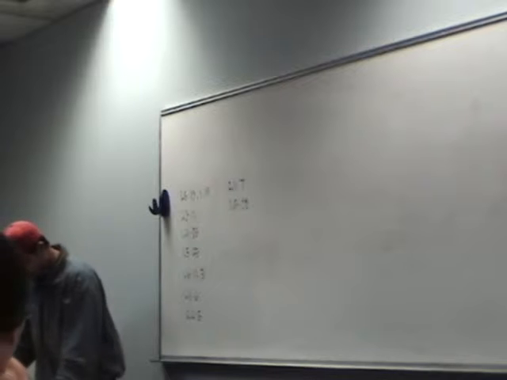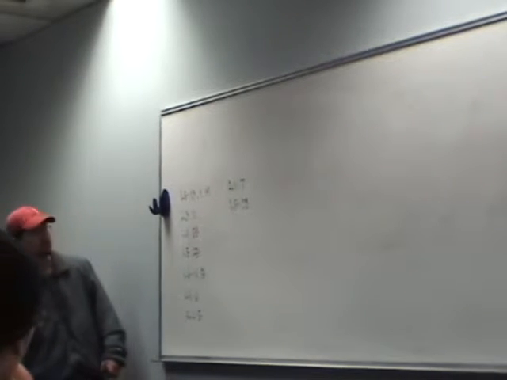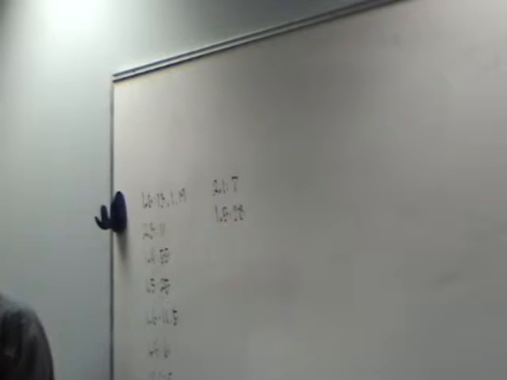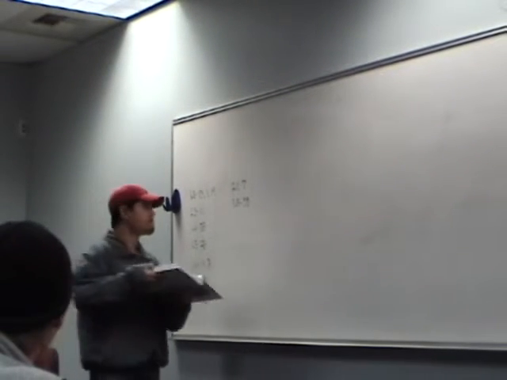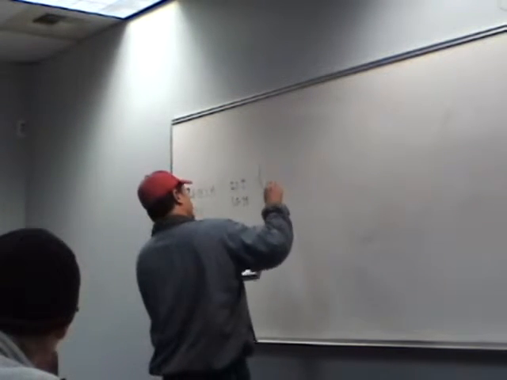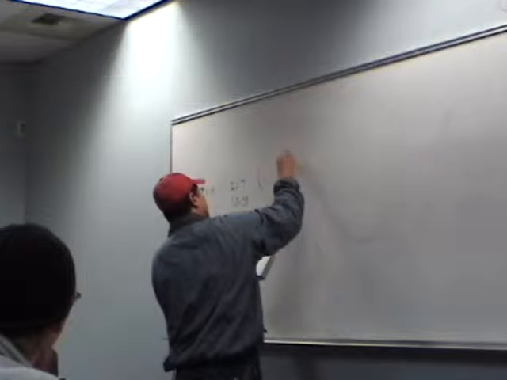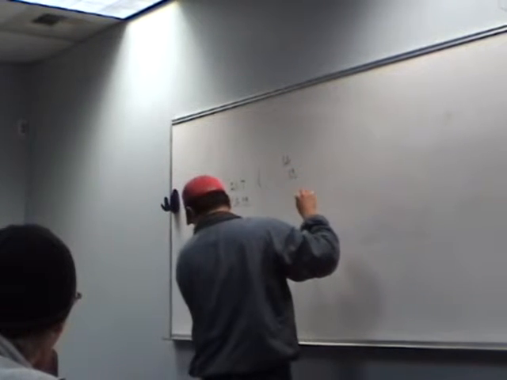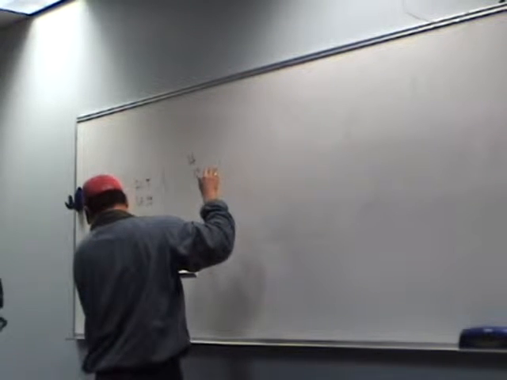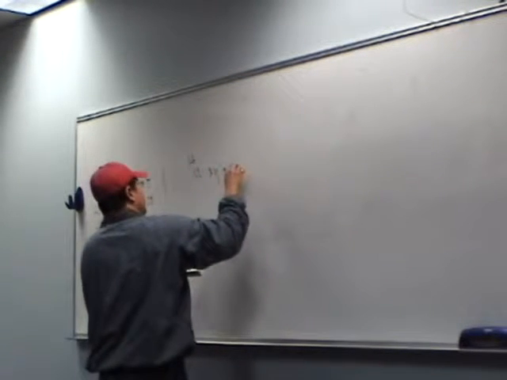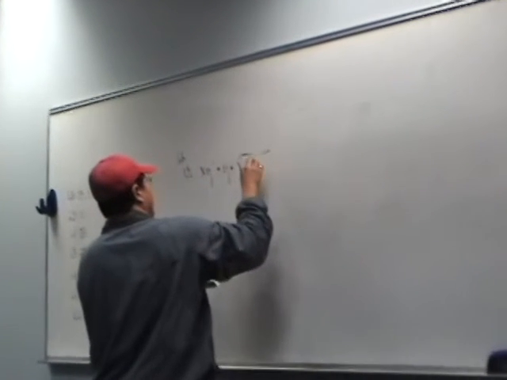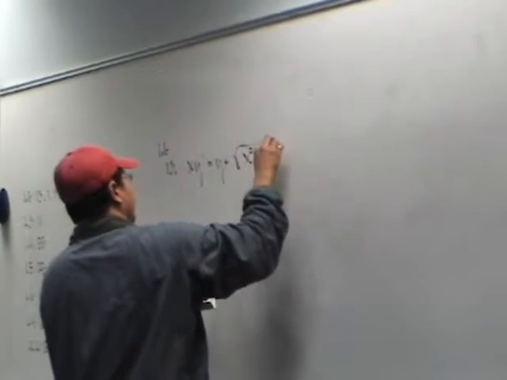All right. So let's take a look at 1.6 number 13. We have here x y prime equal to y plus the square root of x squared plus y squared.